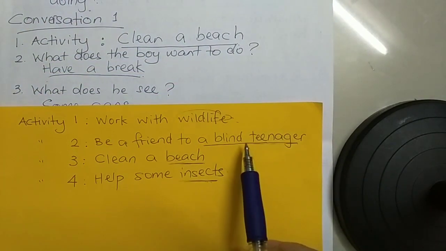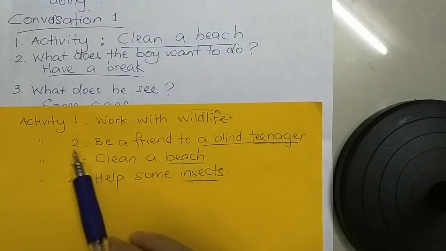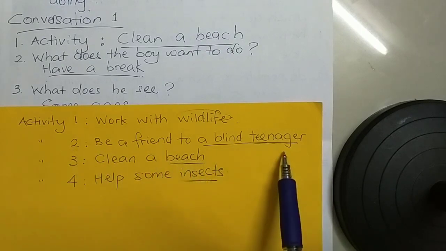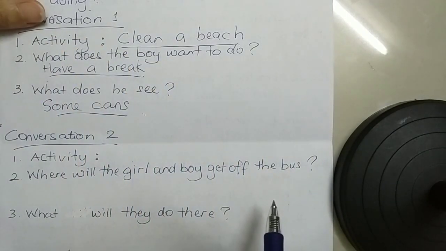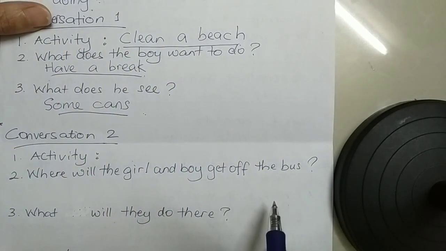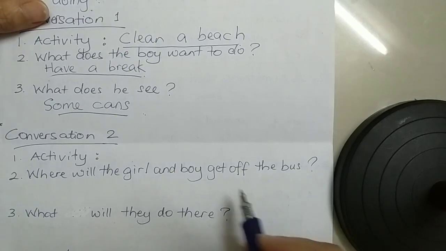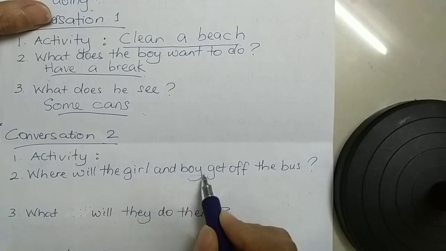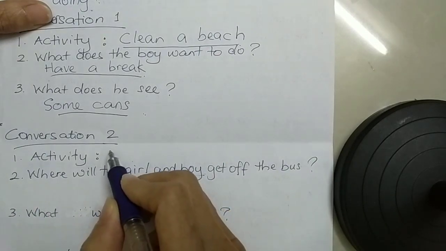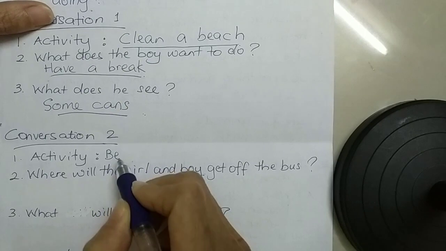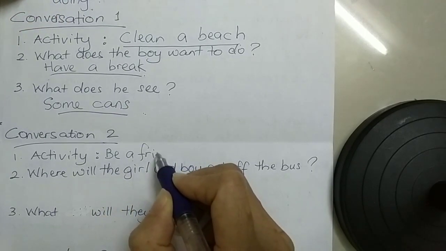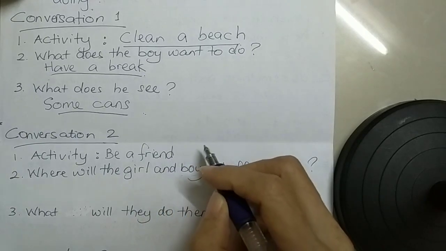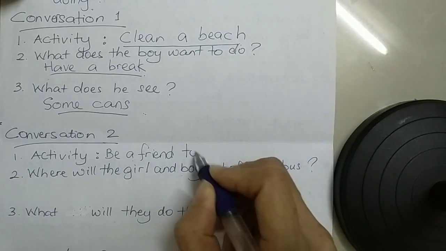I would say activity 2, be a friend to a blind teenager, because the girl says, I'm going to take you to my favorite cafe. So the blind teenager would be, I guess, the boy. So the activity will be, be a friend to a blind teenager.